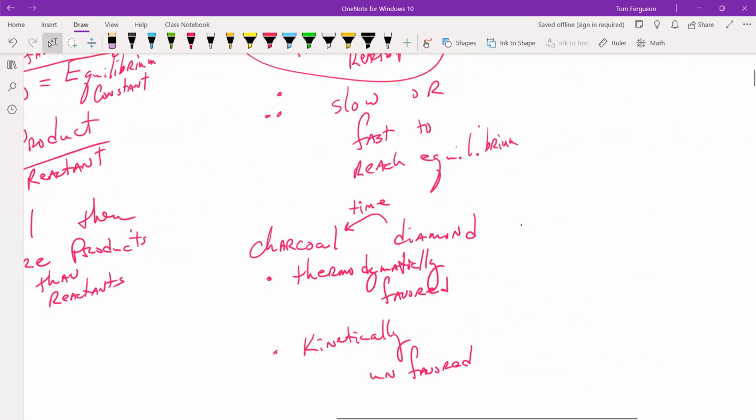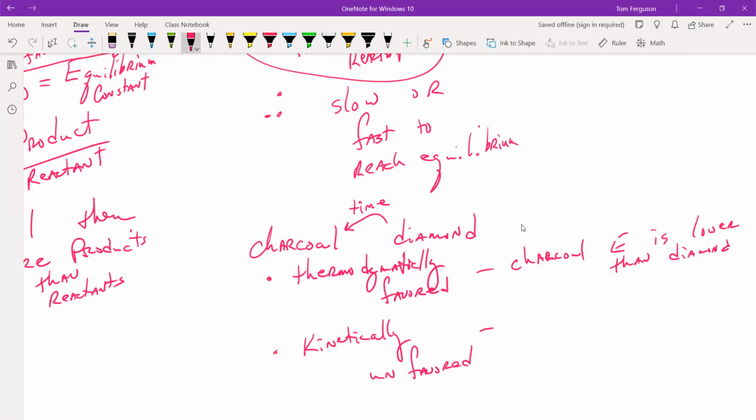What thermodynamically favored means is the charcoal energy is lower than diamond. Kinetically unfavored means the activation energy is extremely high.